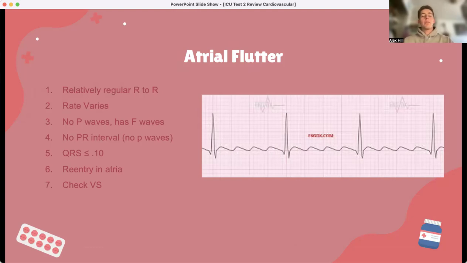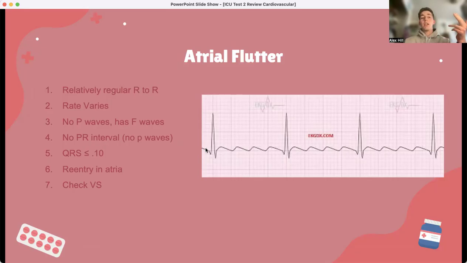Okay, so atrial flutter. This is the re-entry in the atria, so you get those continuous P-wave-looking things because it's depolarizing over and over again in your atria. You'll see this flutter signal. The big way I remember to tell the difference between atrial flutter and AFib is I think fib is like lying, so it's inconsistent.